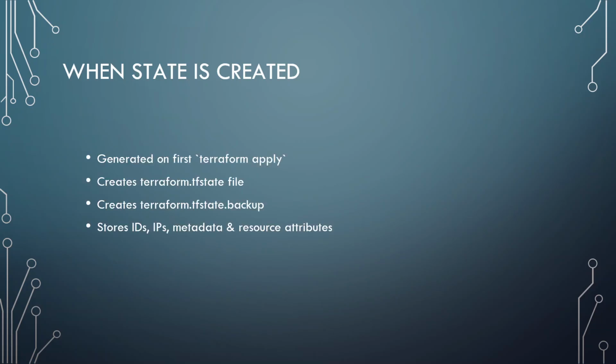Terraform will create the resources and capture all of them. Suppose we have AWS resources, it will capture all the AWS information, save it in the terraform.tfstate file, and create the terraform.tfstate.backup file also. Basically, it creates this and it will remember it forever.